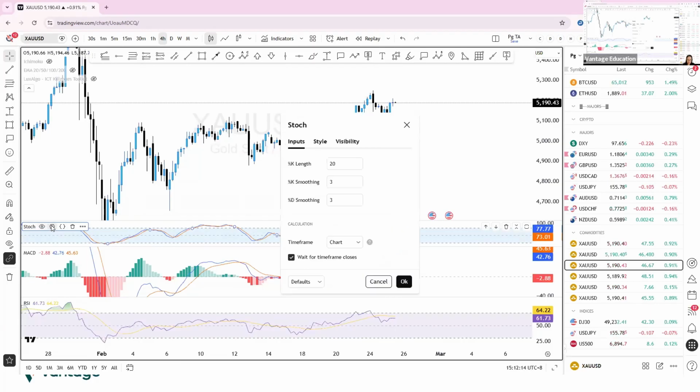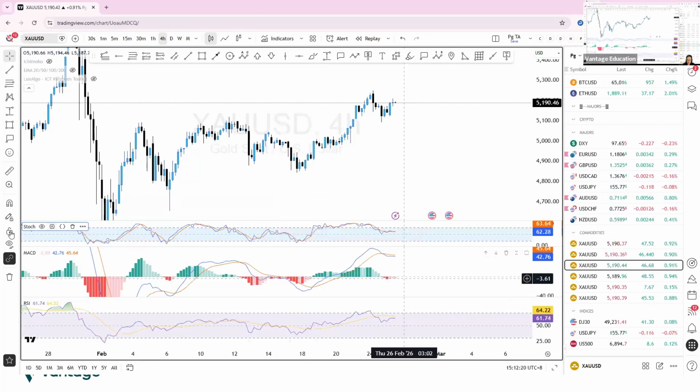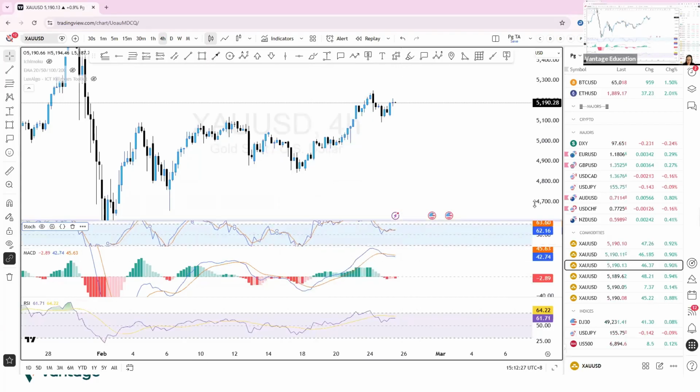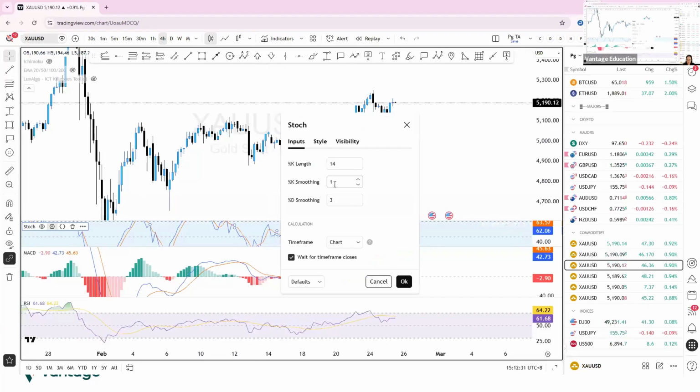What if we go to the default setting? I'm going to reset. The default setting comes with 14, 1, 3. It looks the same, right?